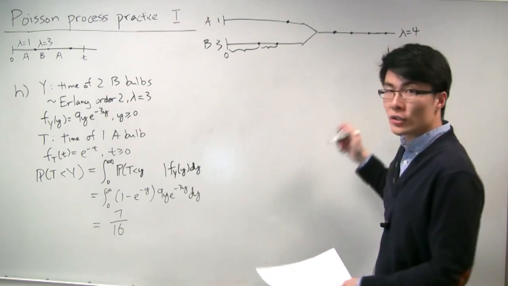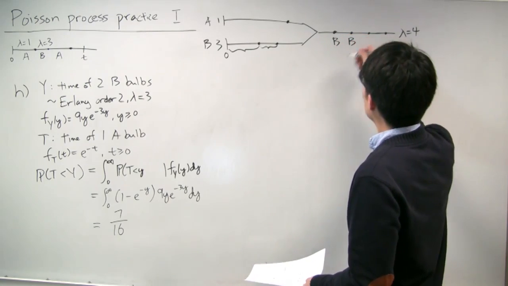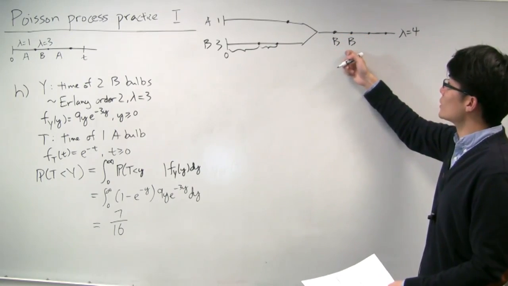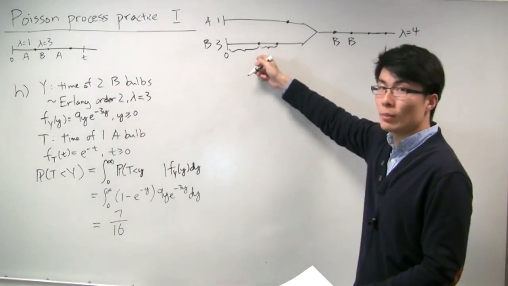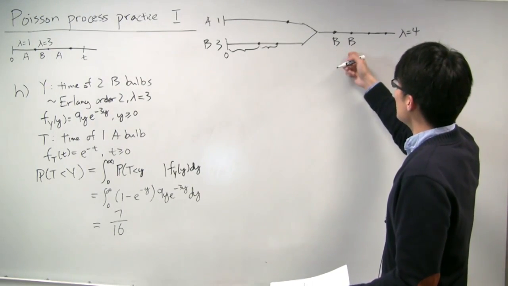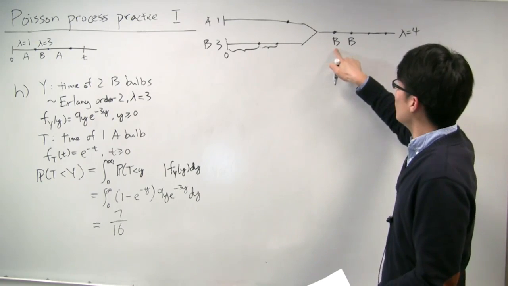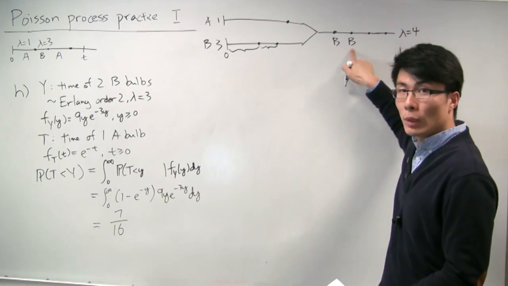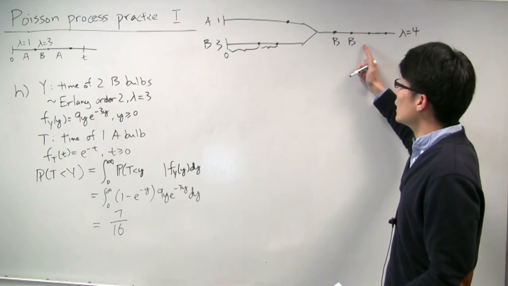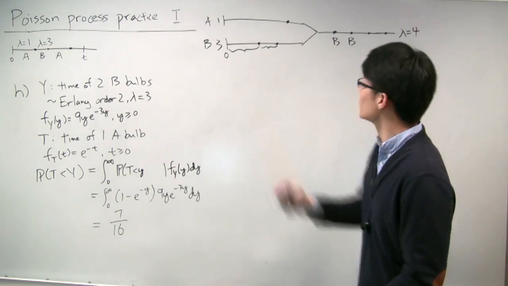What that corresponds to is exactly the case where the first two arrivals in the merged process are both of type B bulbs. So if that is the case, that means that first a type B bulb died, and then the second B bulb died, and the type A bulb still hasn't died yet, which means that it has outlasted both of these.